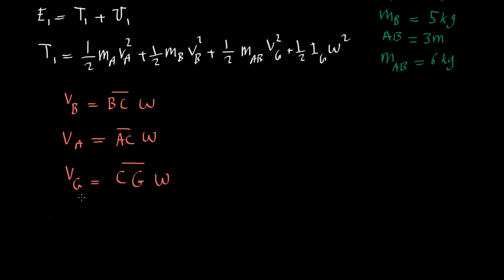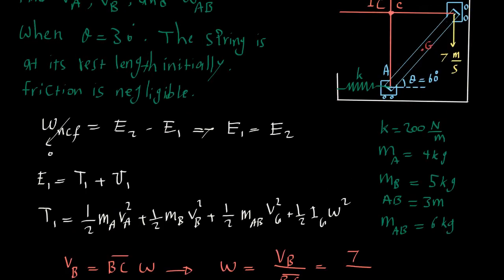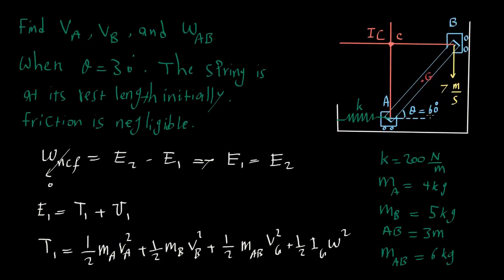So here we have the velocity of B, we also have BC, so we should be able to figure out omega, and once we have omega, we should be able to figure out V_A and V_G. So omega is equal to V_B over BC. V_B is 7 meters per second, and because this angle is 60 degrees, BC would be AB times cosine 60.